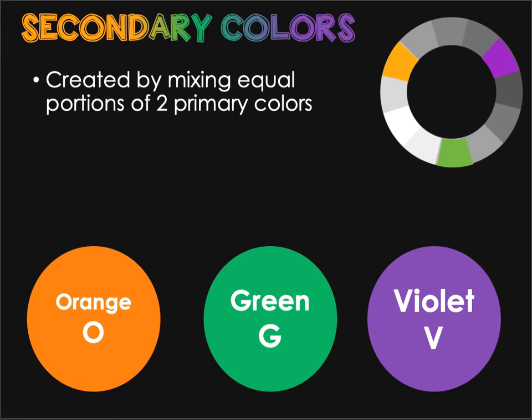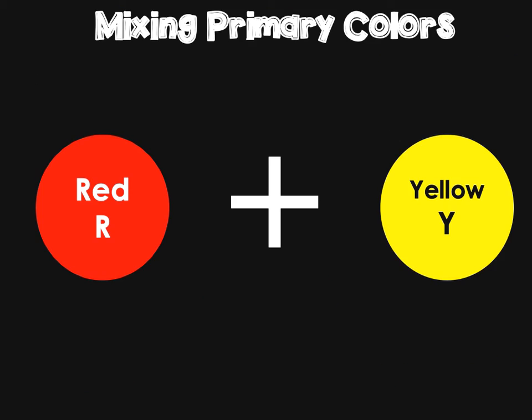But we have 3 secondary colors, and that's orange, green, and violet. These 3 colors are mixed when 2 of those primary colors are mixed together to create that secondary. So in order to make one, we have a primary red and a primary yellow.